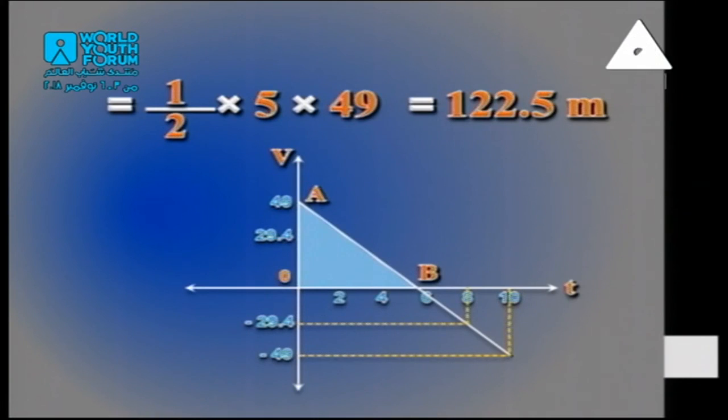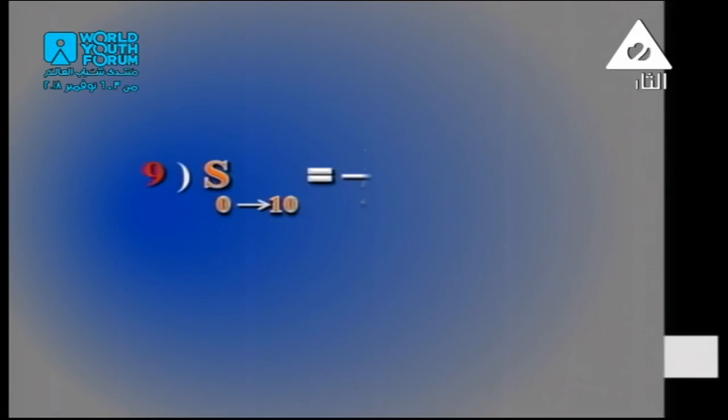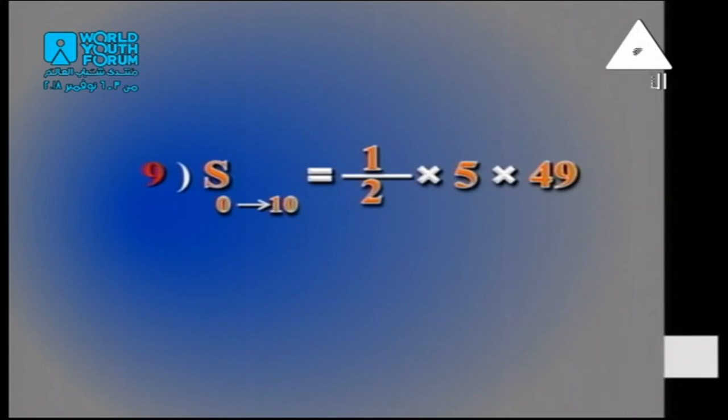This is the distance from A to B, or from the initial point to point B. S from 0 to 5 by using half times 5 times 49 equals 122.5. Then we can calculate the distance of the body by using half base times height, or the area of a triangle. Area of a triangle equals 122.5. This is displacement.